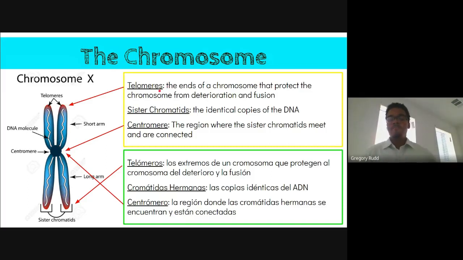And a chromosome has specific parts. The ends of the chromosome are called telomeres. Telomeres in Latin essentially means end part. And those telomeres are there as protection. They prevent the chromosome from deteriorating or from fusing to another chromosome that might be next to it. So they're pretty important.